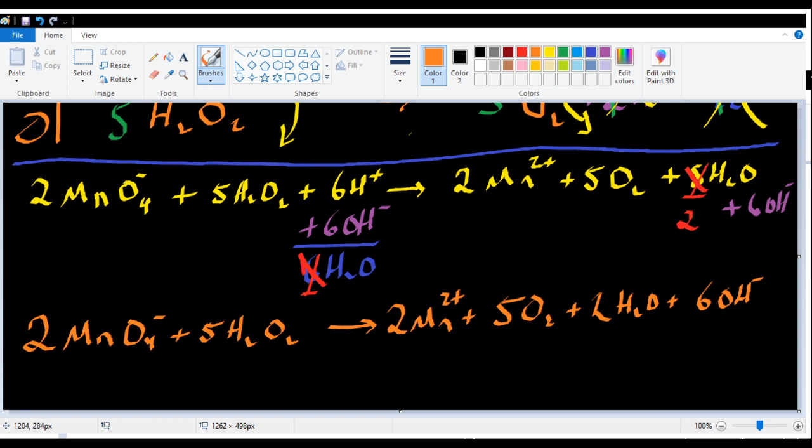And there is the balanced reaction in base.